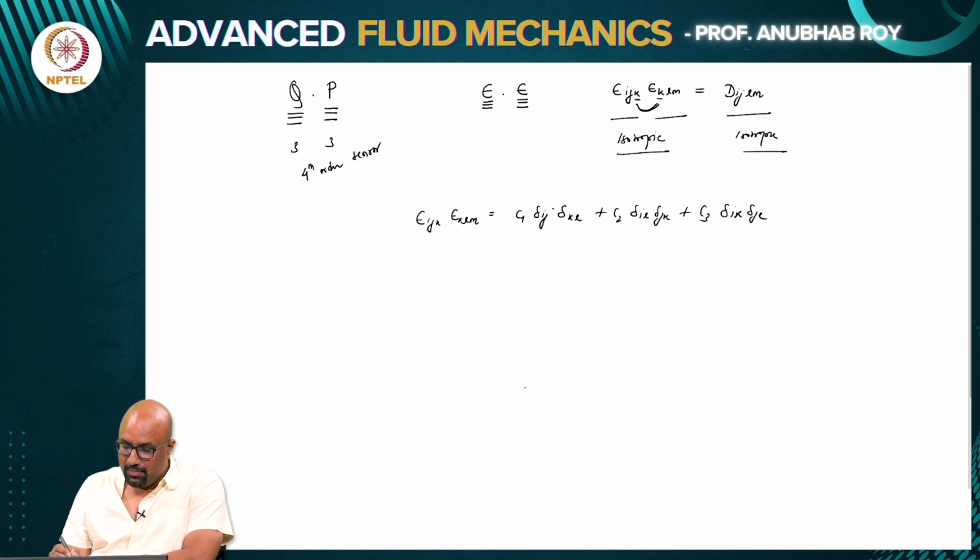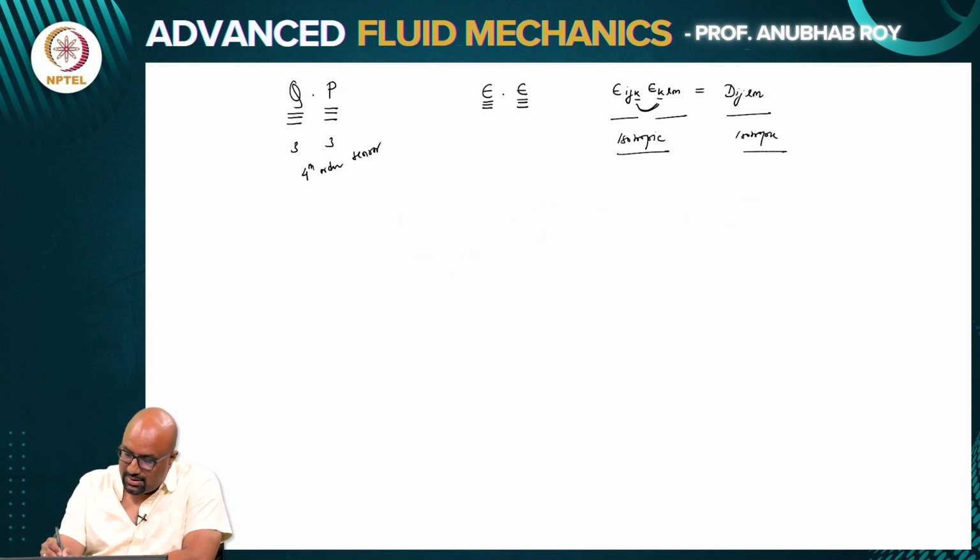Can we say a little bit more? Well, we can say one thing for sure, that epsilon_ijk is antisymmetric about i and j, whereas delta_ij is symmetric about i and j. So, the only way that this can be made to work is, one sec, I think I have jumped ahead.